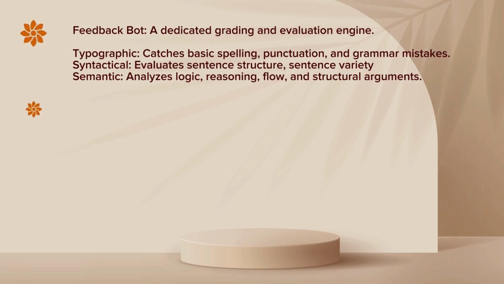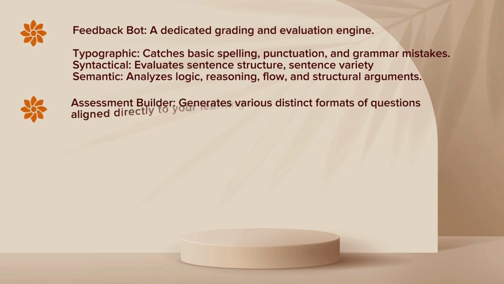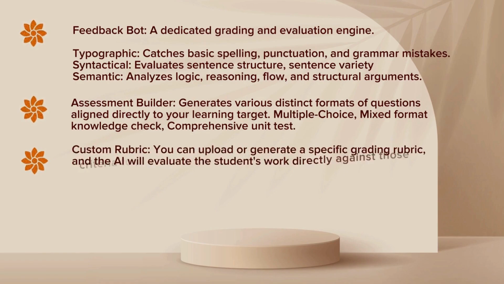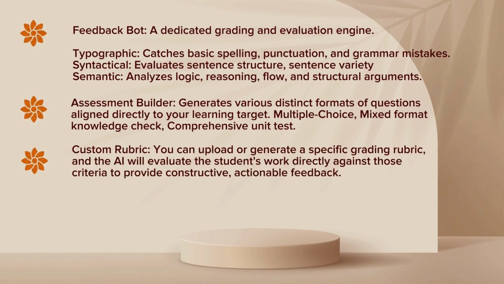There is an assessment builder which can generate various distinct formats of questions aligned directly to your learning target. Multiple choice, mixed format knowledge check, comprehensive unit test, custom rubrics. You can generate specific grading rubrics and the AI will evaluate the student's work directly against those criteria to provide constructive, actionable feedback.